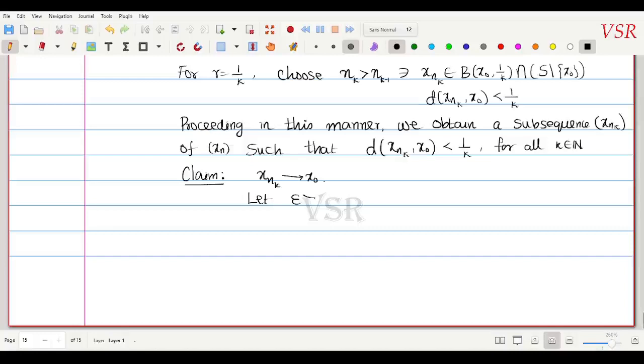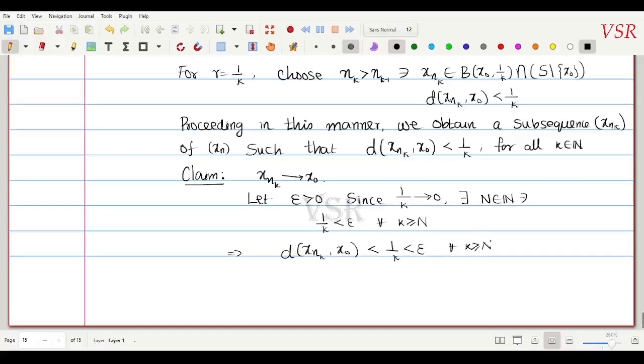Since 1/k converges to 0, there exists a natural number N such that 1/k is less than epsilon for every k greater than or equal to N. This implies that the distance between xnk and x naught is less than 1/k, which is less than epsilon, for every k greater than or equal to capital N. So this implies that xnk converges to x naught.